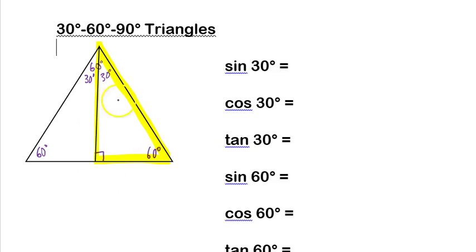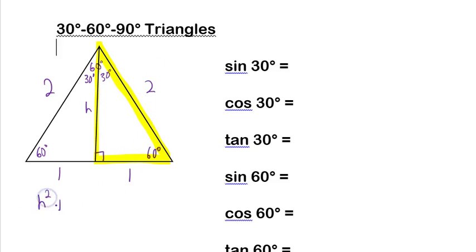Let's again use simple numbers. Let's say that our original equilateral triangle had sides that were length 2, and I've chosen 2 because when I bisect this bottom one, I can say that this half is 1 and this half is 1. And so that would leave us, since we're focusing on the 30, 60, 90, this yellow triangle here, to find the height of that altitude. And you can use the Pythagorean theorem again.